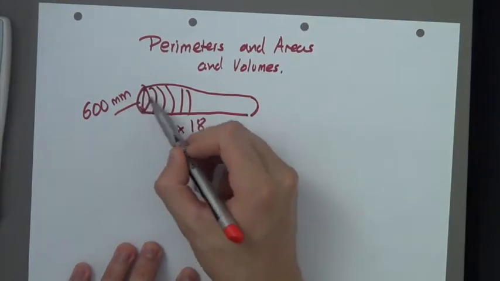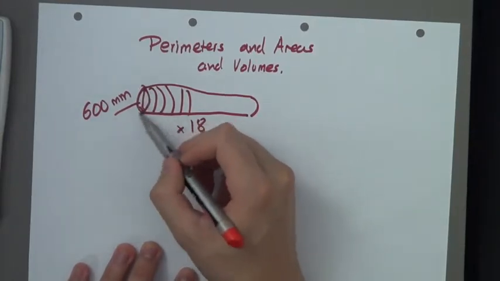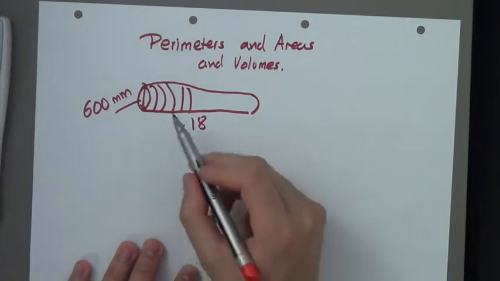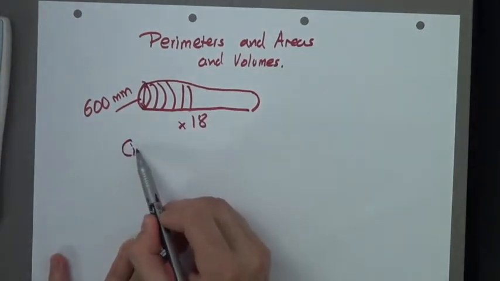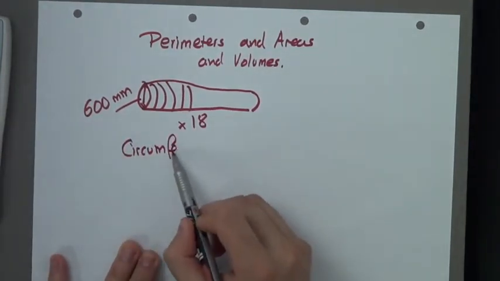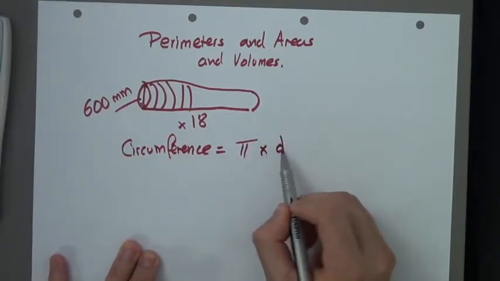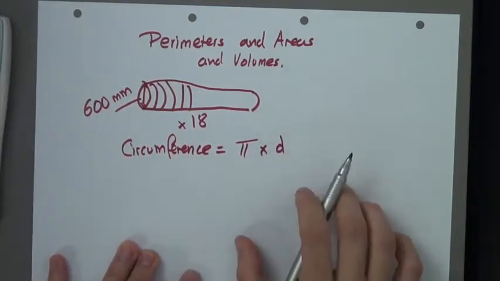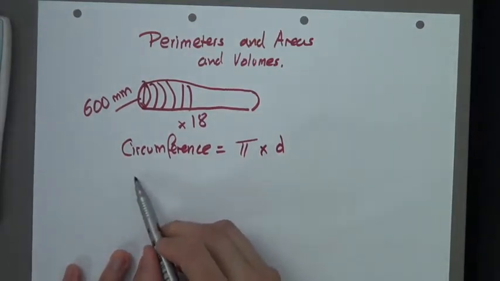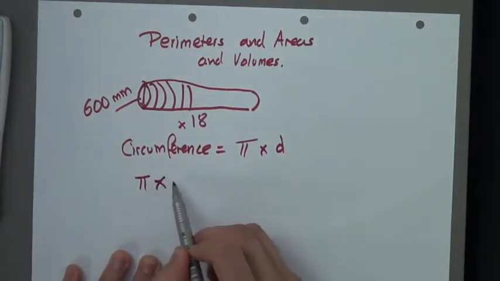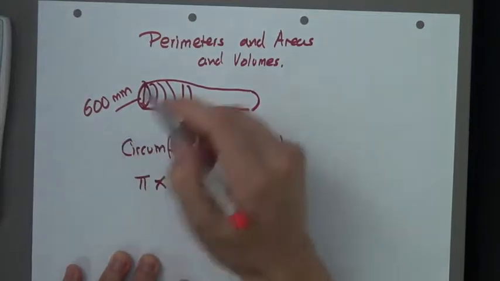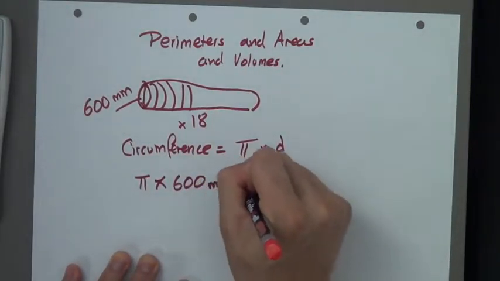First of all, we're going to find the perimeter or the circumference of this circle. Now circumference is equal to this formula, pi times d, which is the diameter. So first of all, it's going to be pi times 600 millimeters.